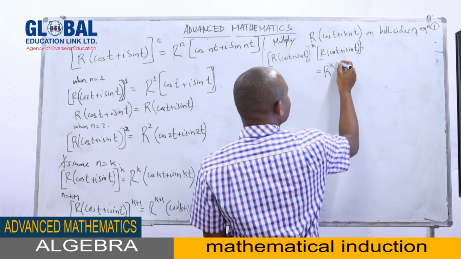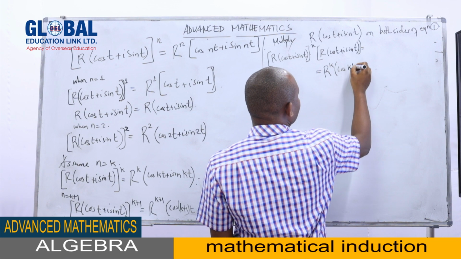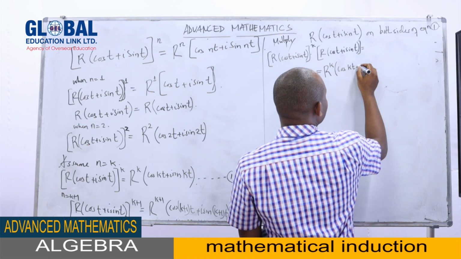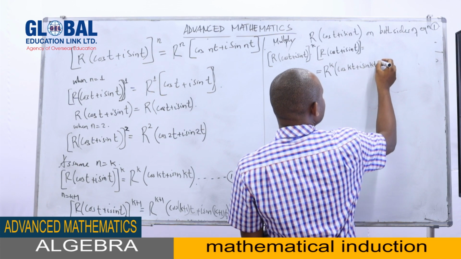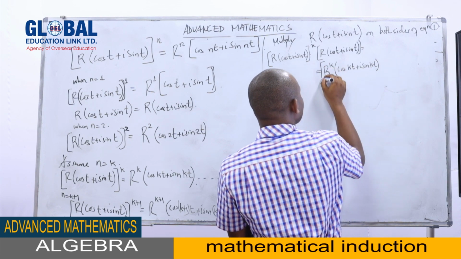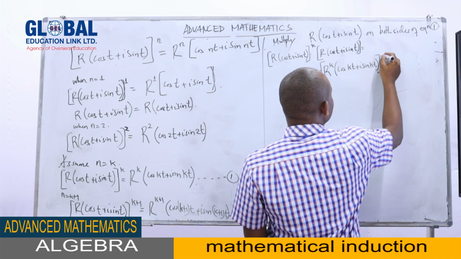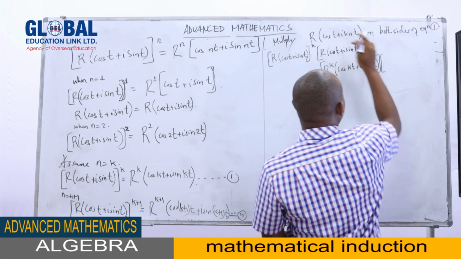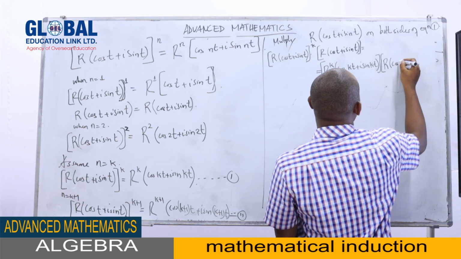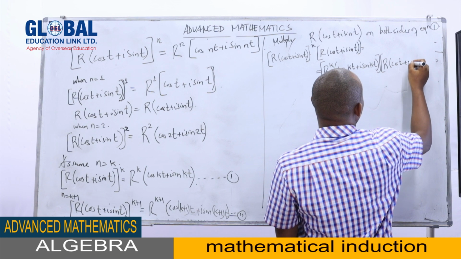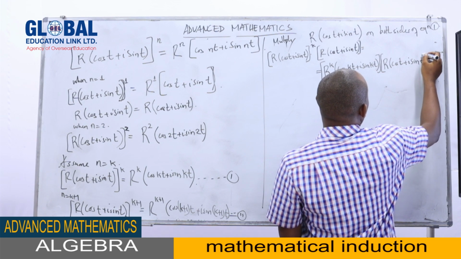r raised to k of cos kt + i sin kt, and all of this is multiplied by that factor there, r (cos t + i sin t).